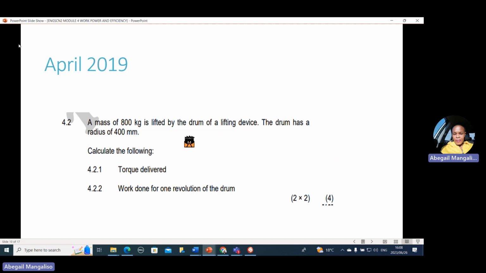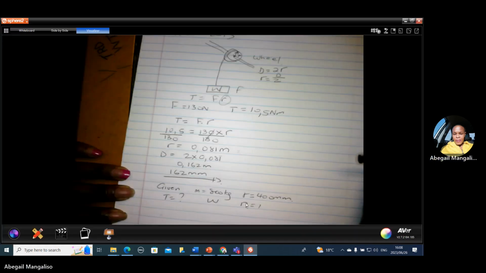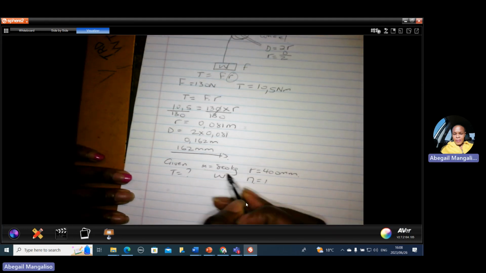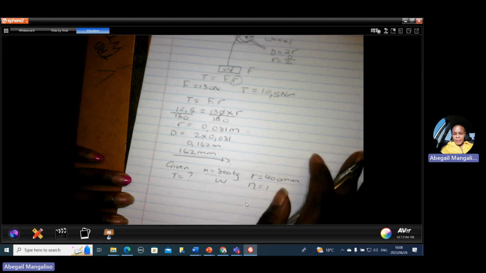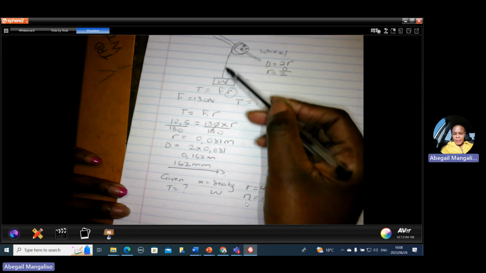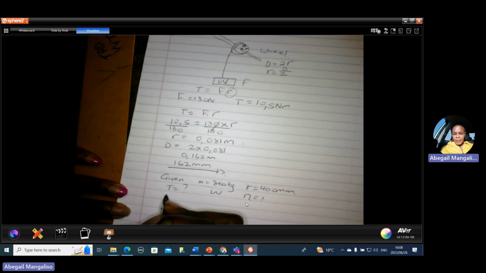Let's look at the solution. The mass of the object is 800. To get the force exerted on the circumference, it would be F or W equal to mg, where W is 800 times 9,8.